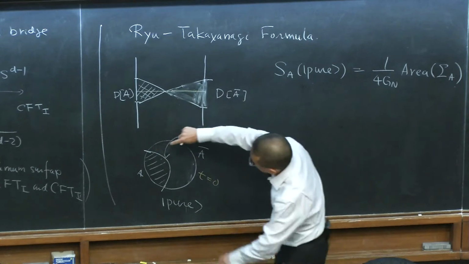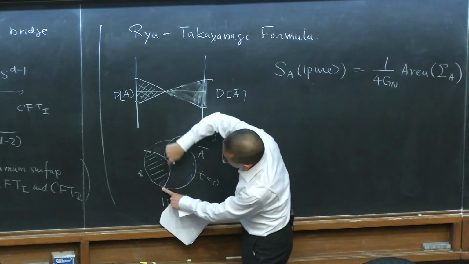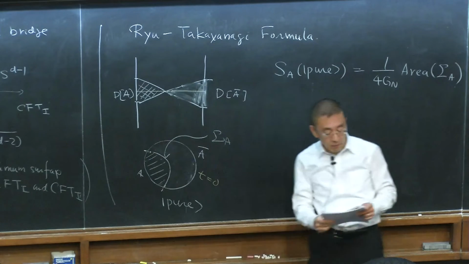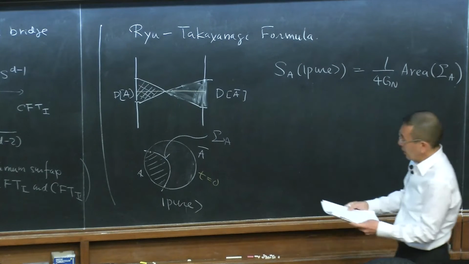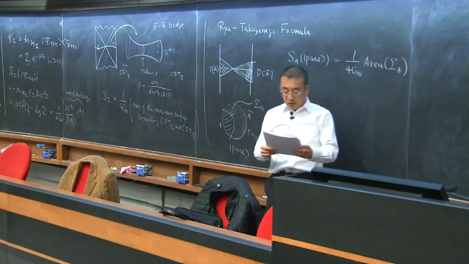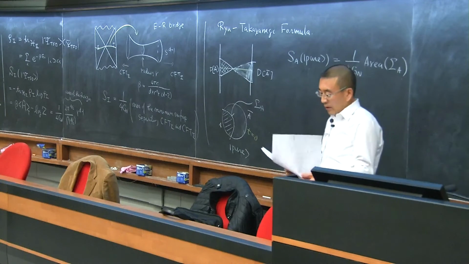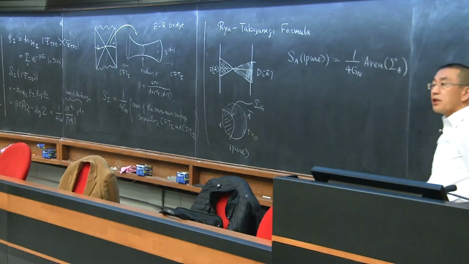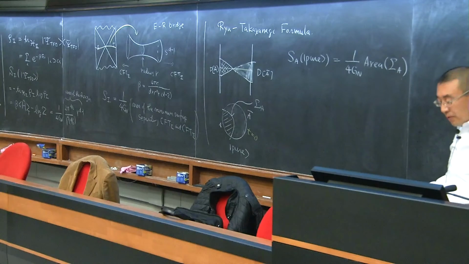The sigma of A should end on the boundary, should be anchored by the boundary of A, and it should extremize with respect to the metric in the bulk. And this proposal has been checked in various examples.